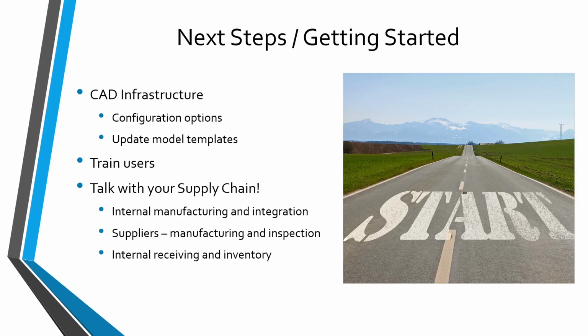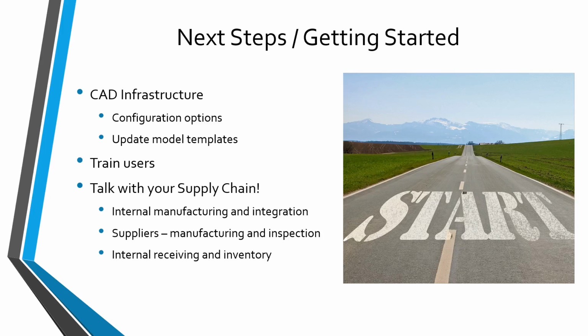And third, you're going to want to have that talk with your supply chain, your internal and external manufacturers. You'll want to talk with anyone internal that's doing final integration or assembly with your products to see if it's benefiting them, if they're actually going to be able to support this. And you might find out that, hey, we're not able to implement this because our manufacturers aren't ready.